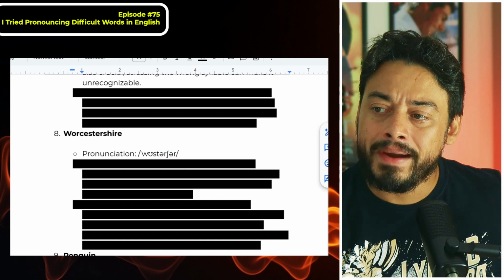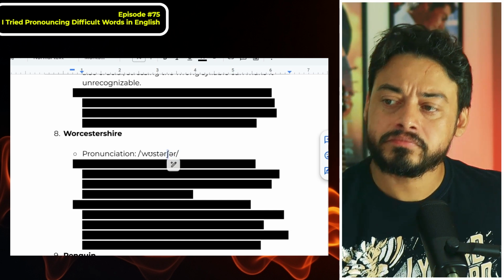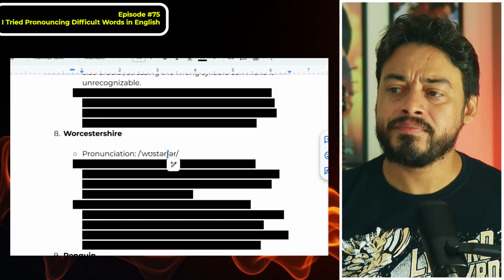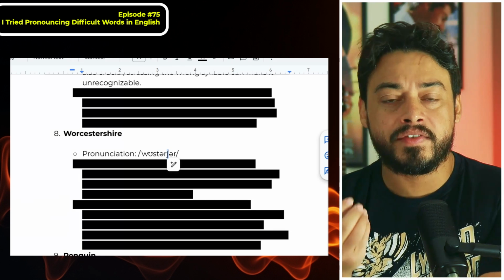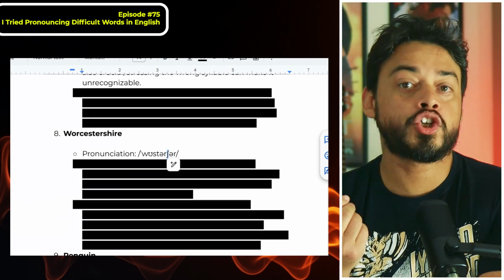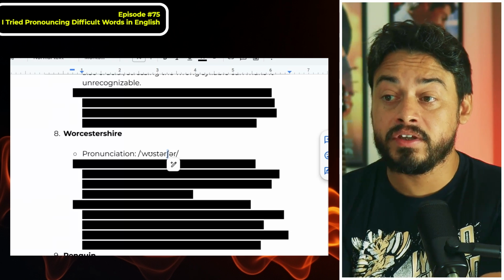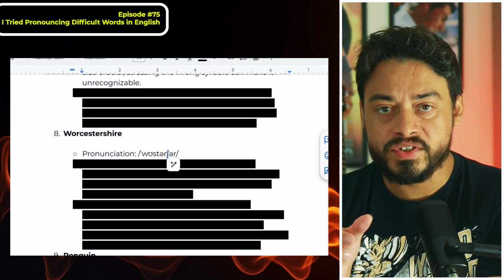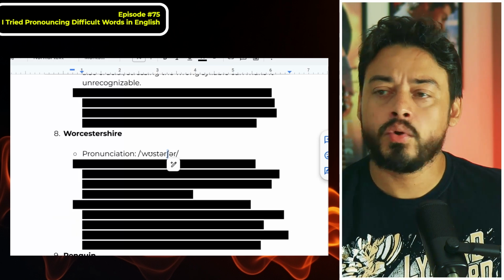By the way, when you see this little symbol here, which looks like a weird S, this sound in the IPA is the sh sound, the sound for ship or sheep. So here is shire. Worcester, Worcestershire.